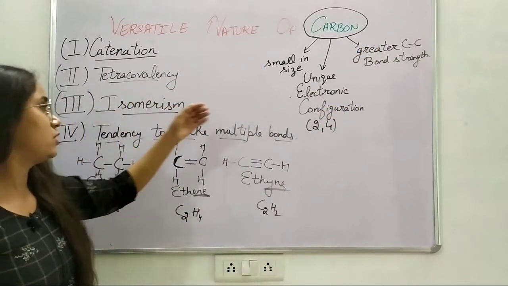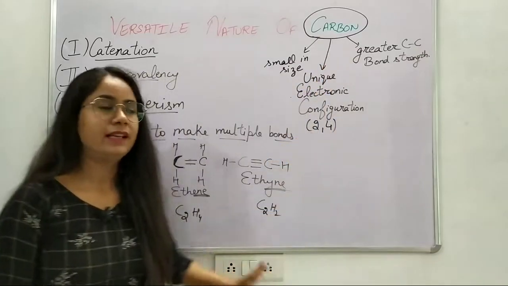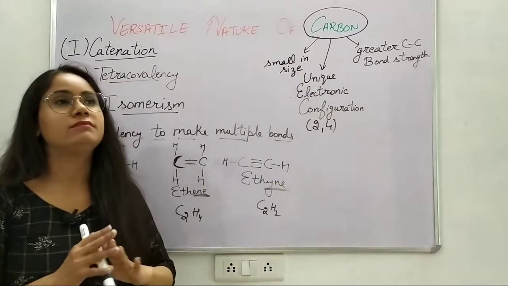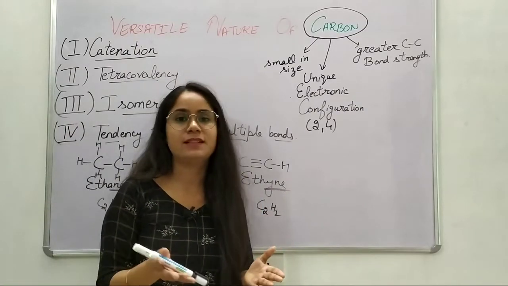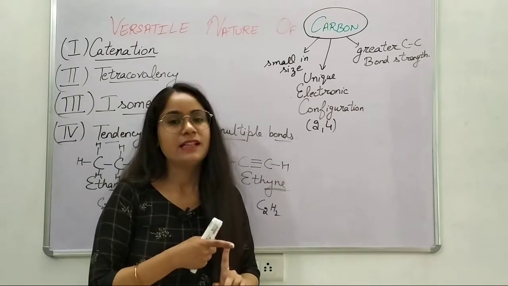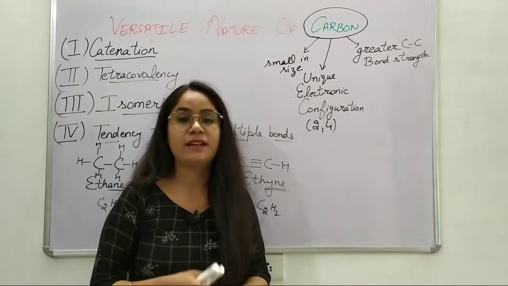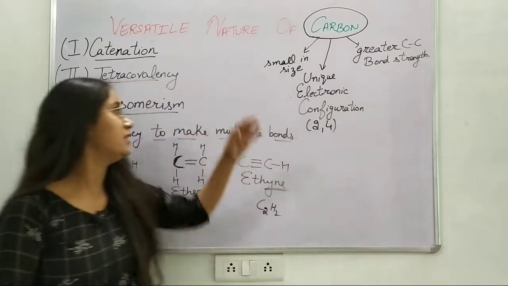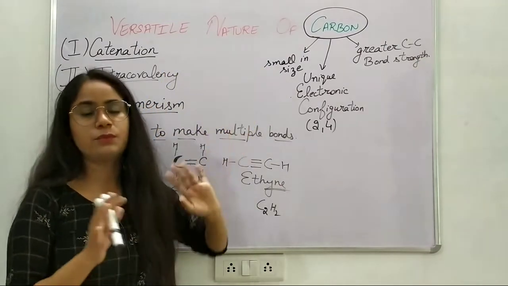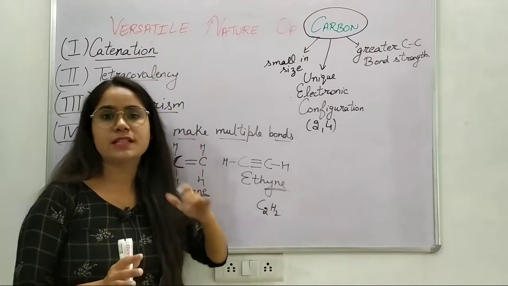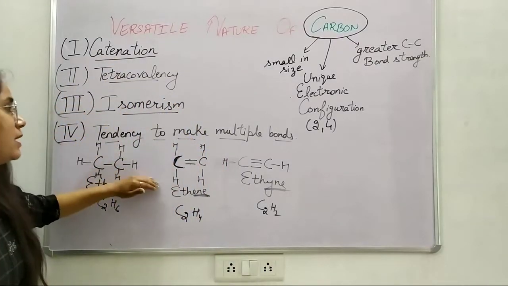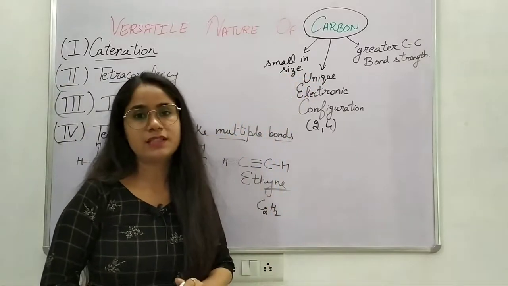Why carbon shows tetracovalency, tendency to make multiple bonds. So in sum up, you have already covered 5 questions. First one is versatility of carbon, or why does carbon show versatile nature, in which you will explain about this whole stuff, and that would be the 5 mark question or 6 mark question. And the individual 2 or 3 mark questions about it.